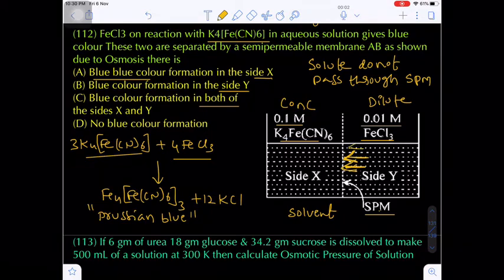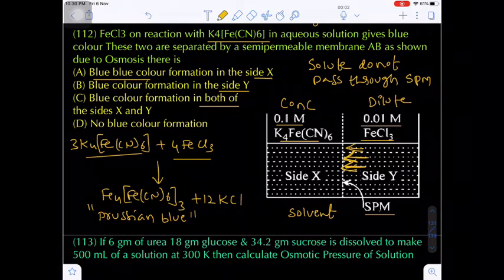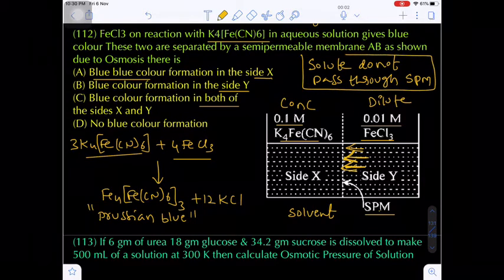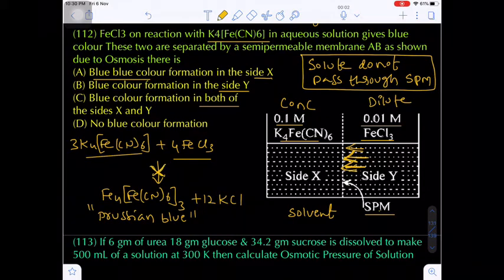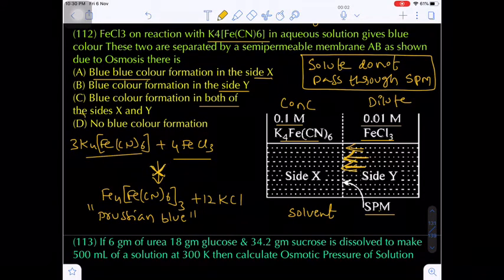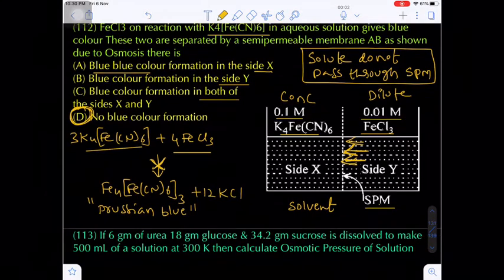Here only solvent molecules can pass through the semi-permeable membrane, but solute molecules do not. That means no reaction occurs between the two compounds. That's why no blue coloration appeared in the solution. Are you getting my point?